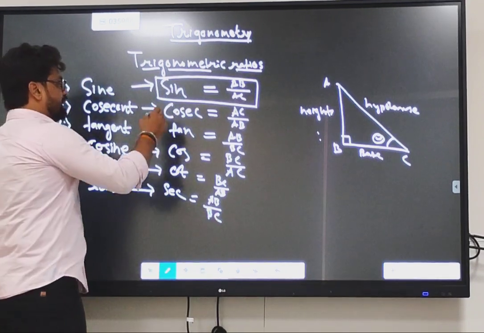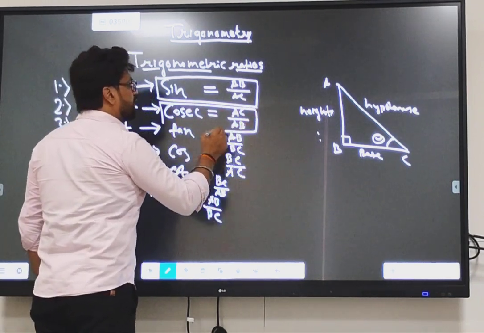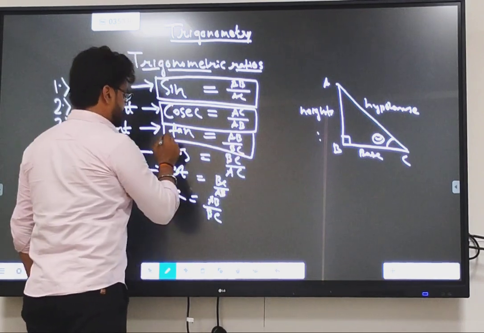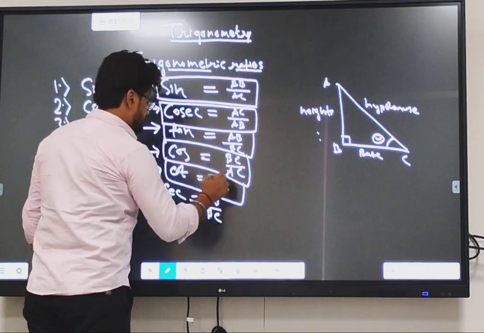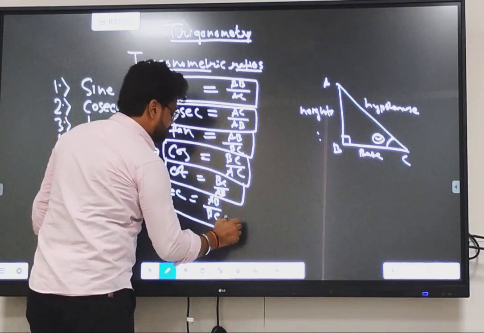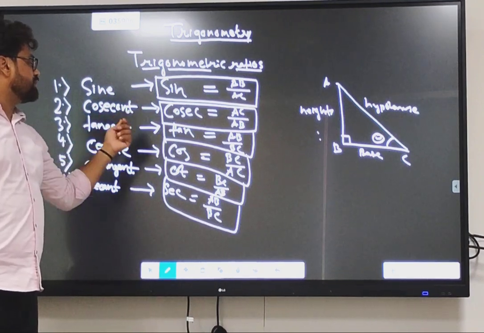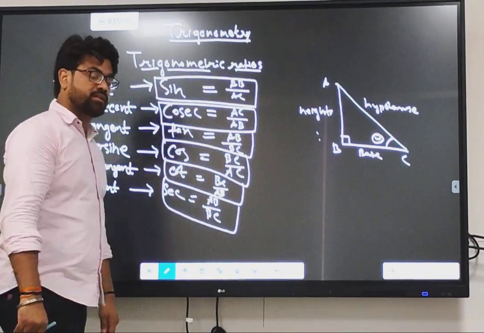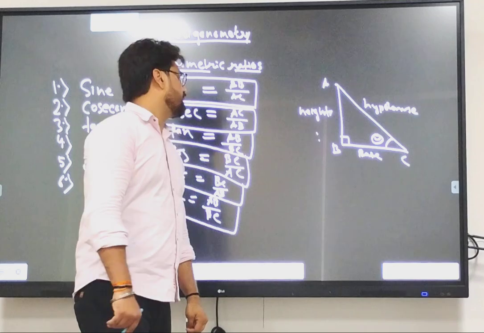So these are the 6 ratios that we are going to study in this chapter. These are the only 6 special ratios: sine, cosec, tan, cos, cot, and sec. These are the only 6 ratios that are important for any right angle triangle.